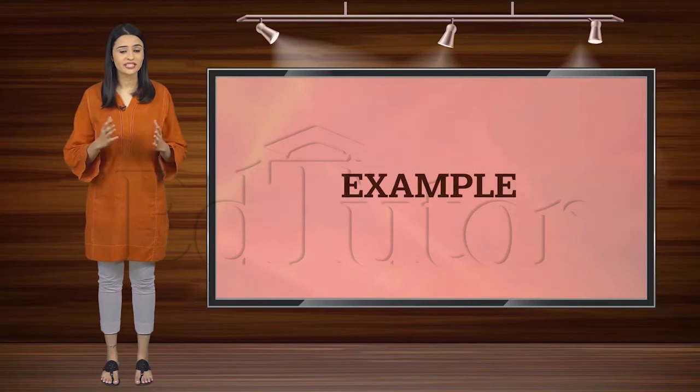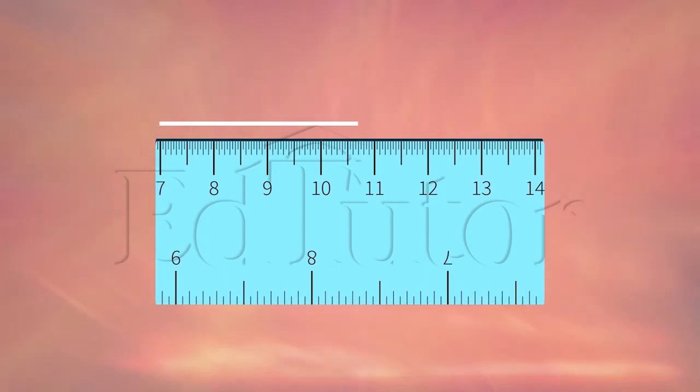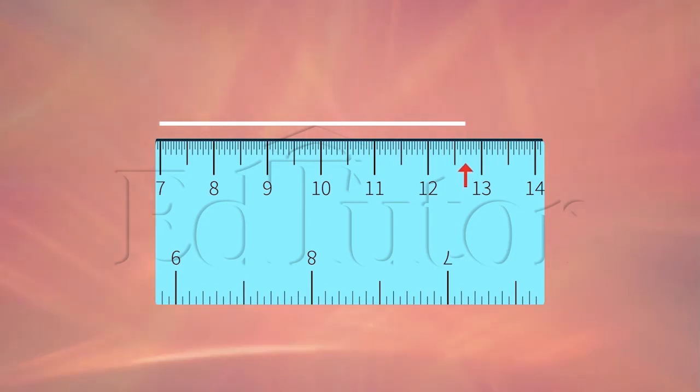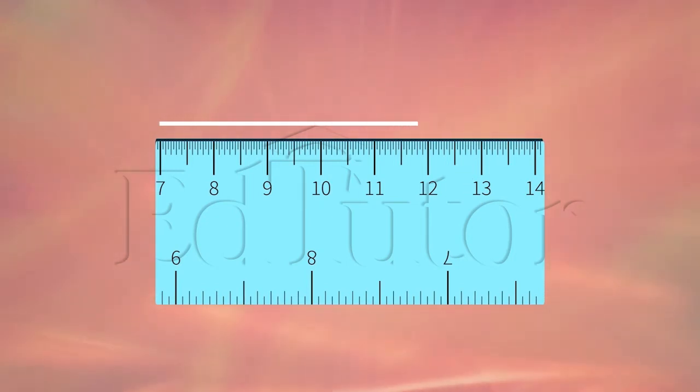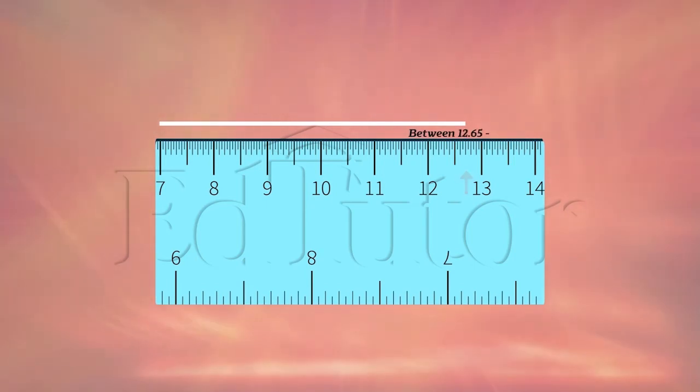To understand what significant figures are, let's go back to the previous example. The measurement of the line recorded by the meter rod is 12.7 centimeters. But in the actual case, the line's length is between 12.65 and 12.75, right?